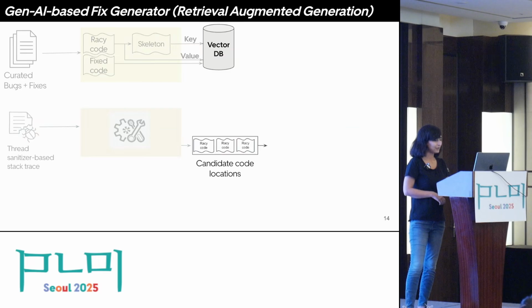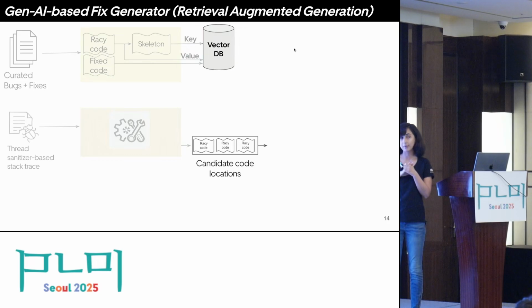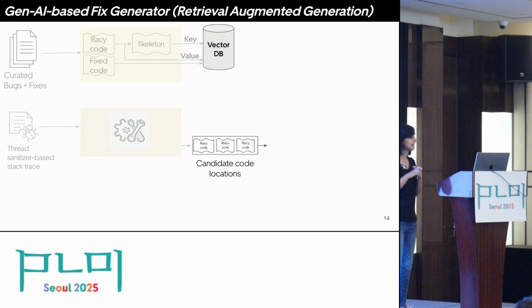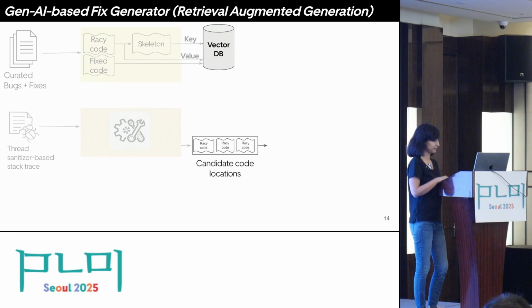So now that we have these candidate code locations and the vector database of the past examples, let's see how the GenAI-based fix generator uses retrieval augmented generation to generate the fix patches.